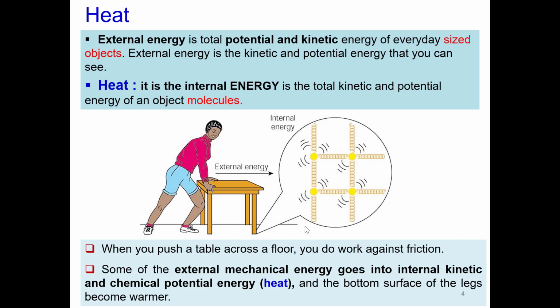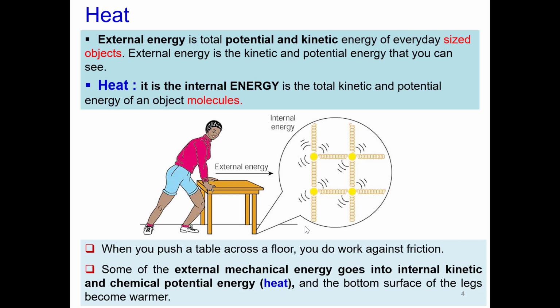What happens is that this heat increases the energy of the molecules. This is why the legs become warm, because the molecules start moving faster. This kind of energy is called heat, and that energy is called the internal energy of the object. It is the energy of the molecules.